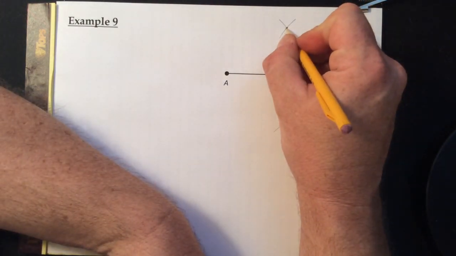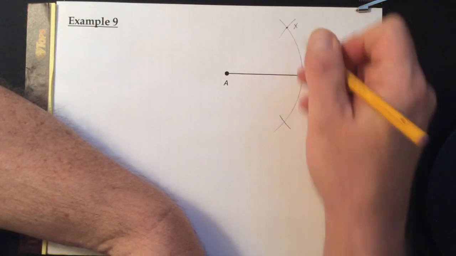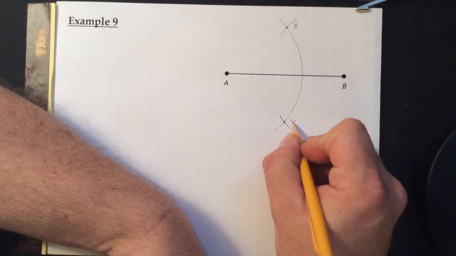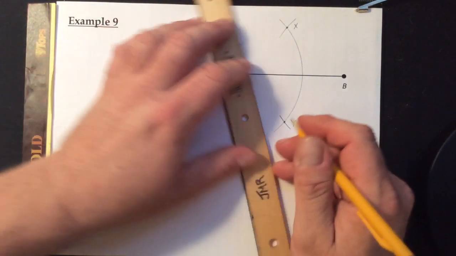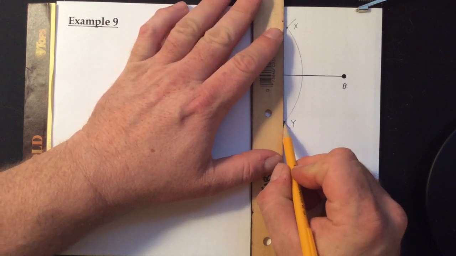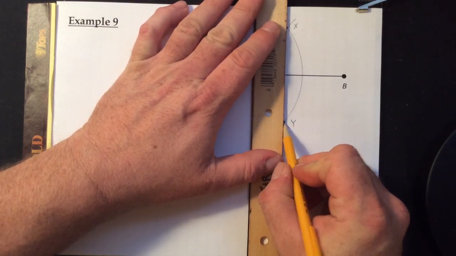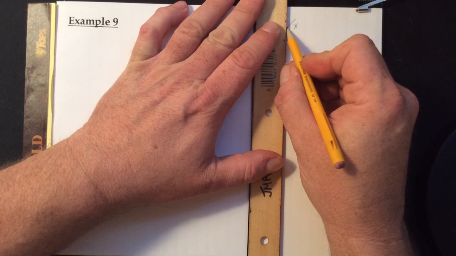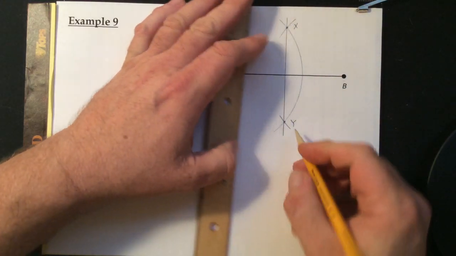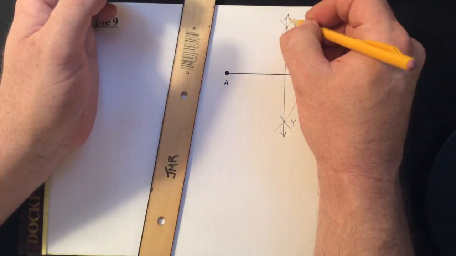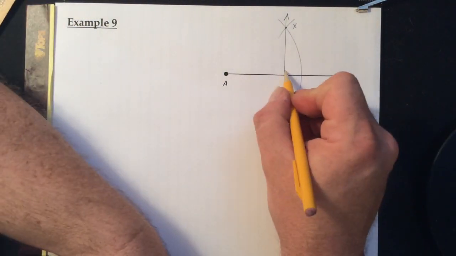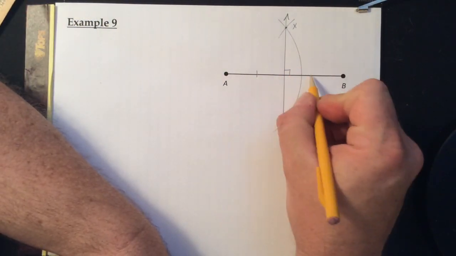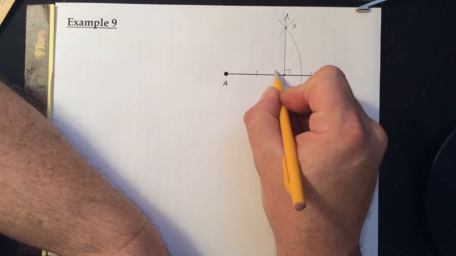Where these intersect, call them point X and point Y. Take a straight edge, very carefully and accurately line up both points X and Y, draw through them both, and you have just created a perpendicular bisector. We're going to call this point M for midpoint.